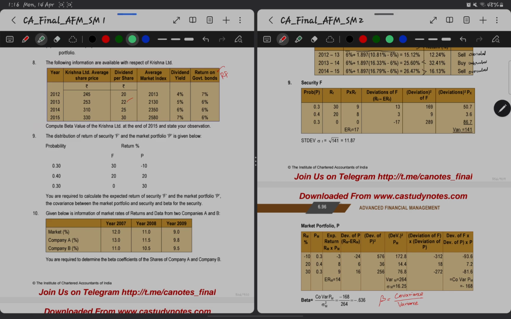So here there are three requirements: one is expected return for security F and expected return for portfolio P, the covariance between market portfolio and security, and the beta for the security.